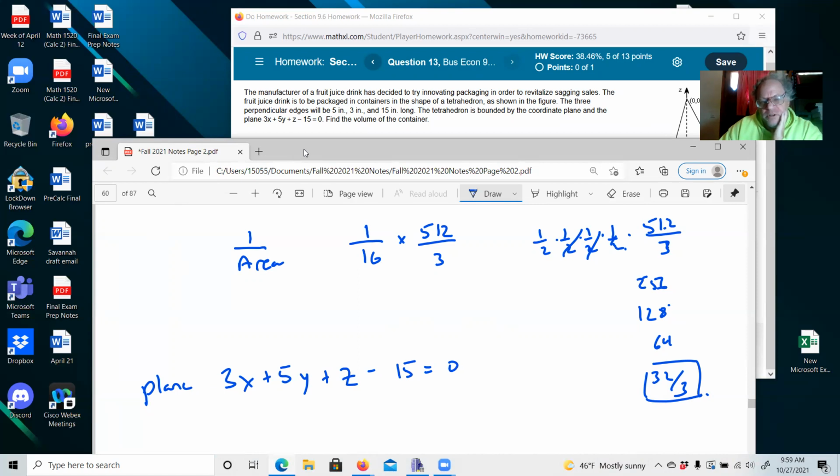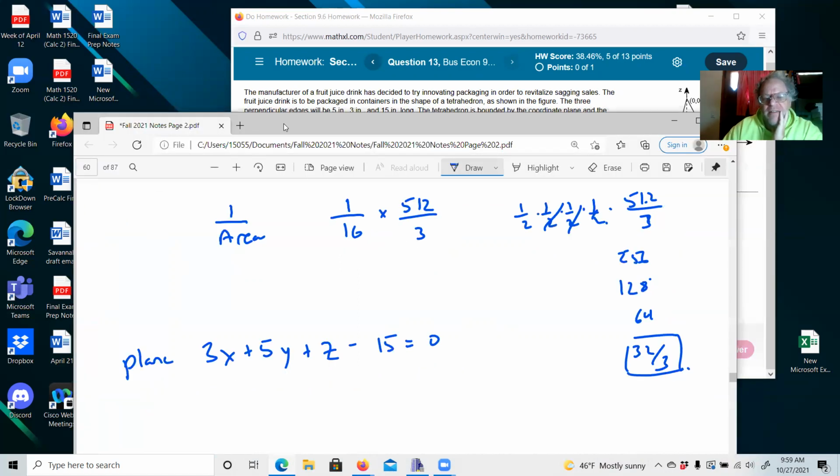I want to do a volume. So if I have an f of x, y, z like equals w, and I want to figure something out for this, and I just want to integrate it that way, that's fine. But we don't have w equals. We have this equals 0. So it's going to be a little different.